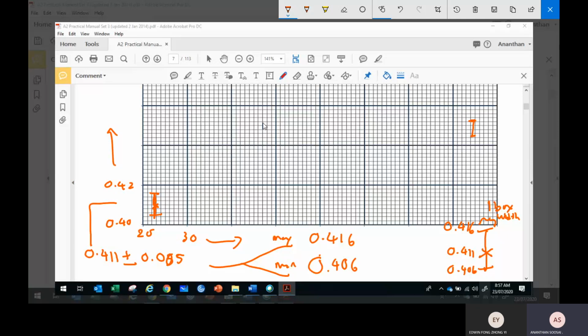There are two types of error bar, vertical and horizontal. This one was vertical. They give the y value error bar. Sometimes they give x value error bar. We will do that later.